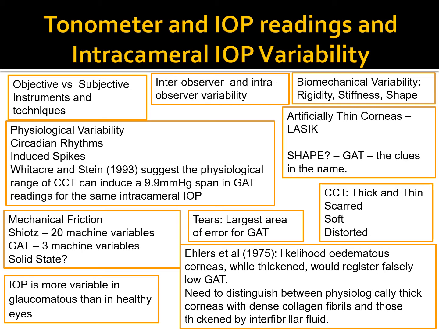Certainly tears with GAT are a huge area of error. There's CCT, thick and thin, scarred, soft, distorted, and I'll come on to that ad nauseam later. And then there's certainly inter- and intra-observer variability. So there's a whole range of things that can cause this variability, and the ideal tonometer has to try to control or eliminate all of those things.